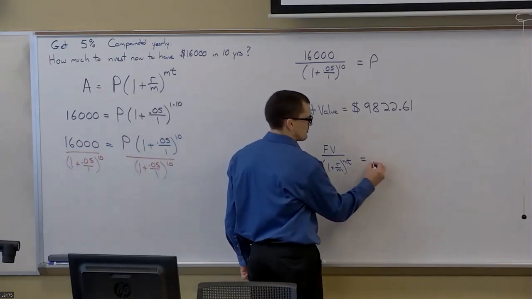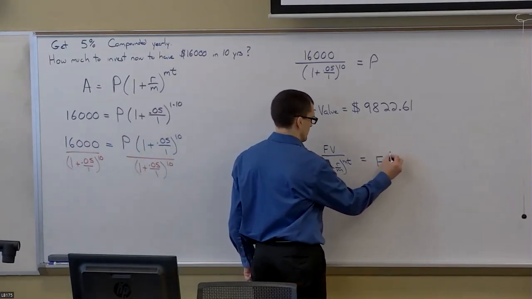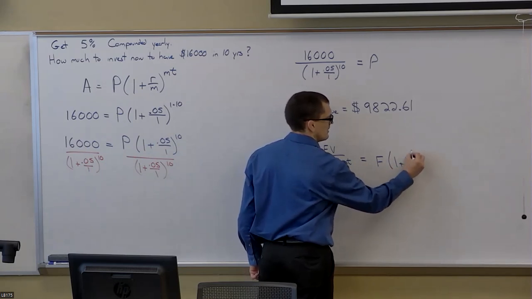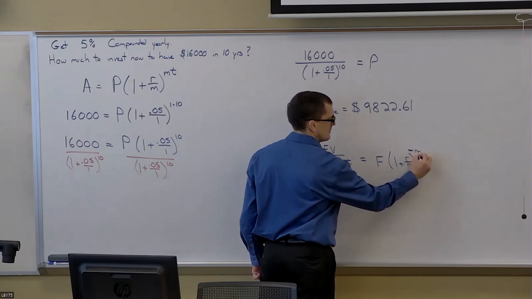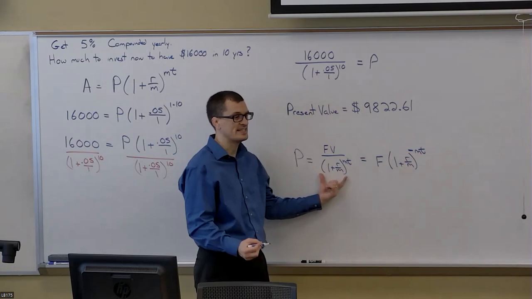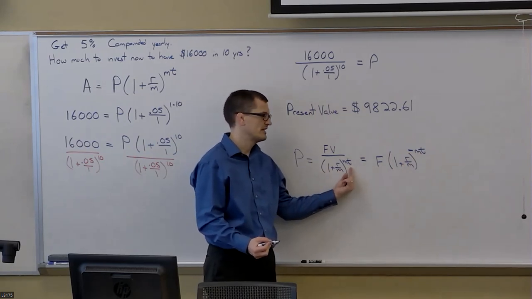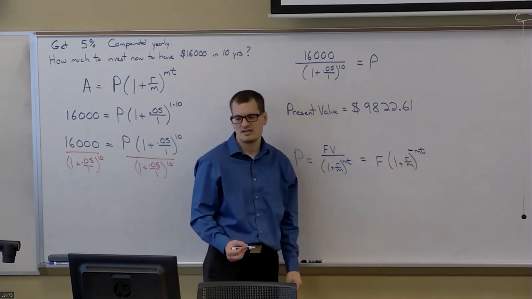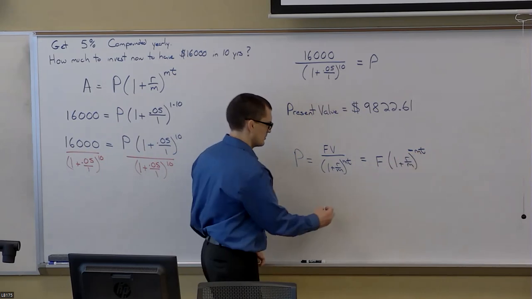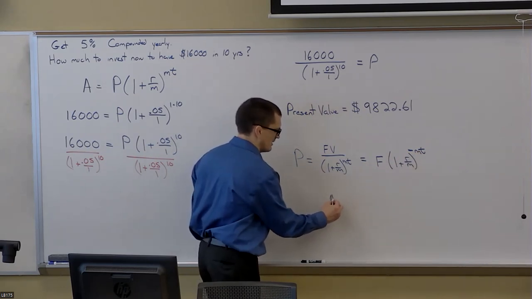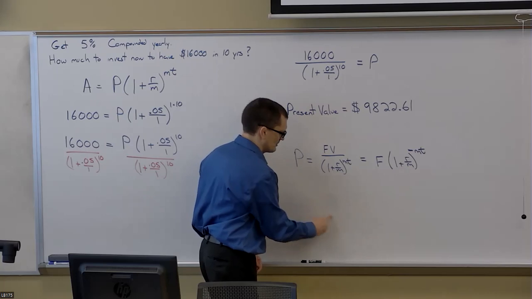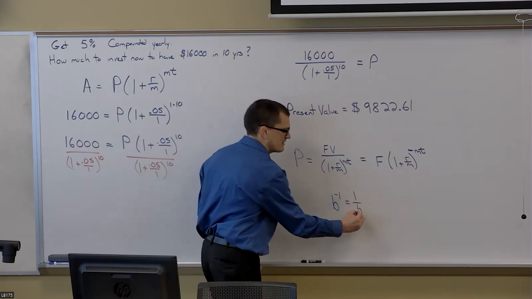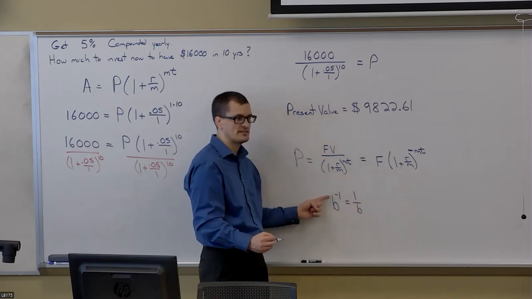Also, some people will write, take your future value times 1 plus R over M to the negative MT, because dividing by something with an exponent is like multiplying with something to the negative exponent. I don't know if you guys know that or not, but if you have lowercase b to the -1, that's like 1 over b. So dividing by b is like multiplying by b to the -1.